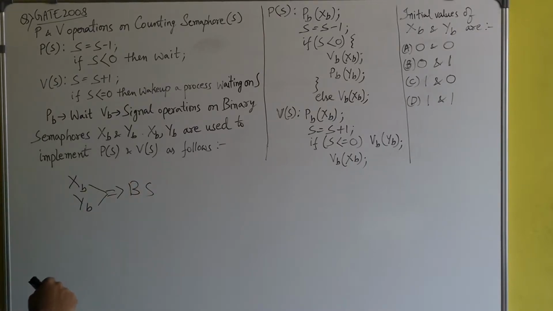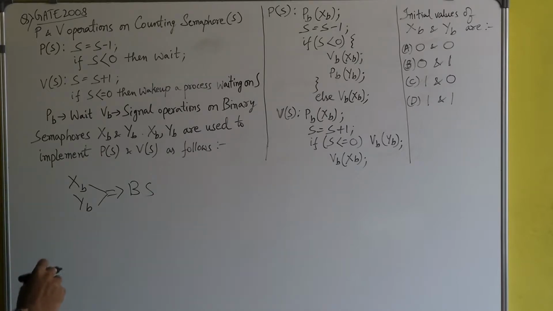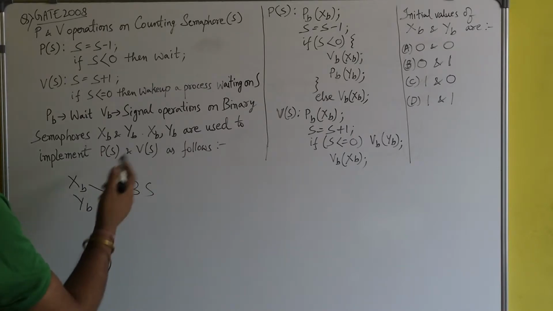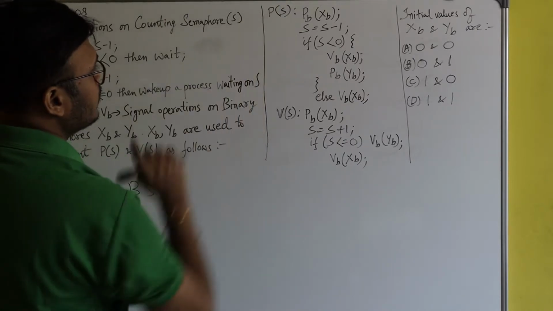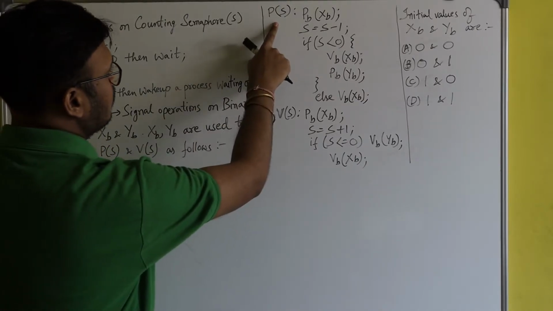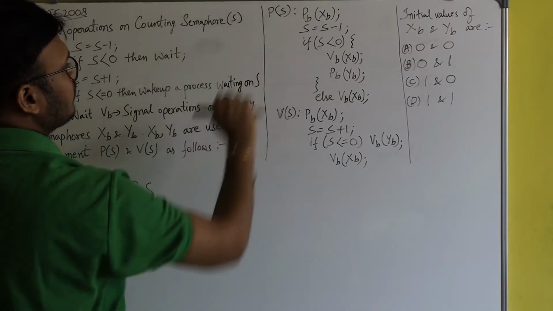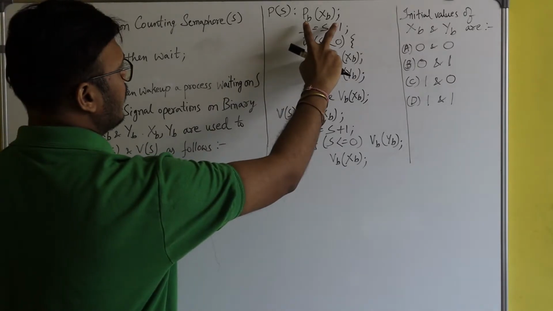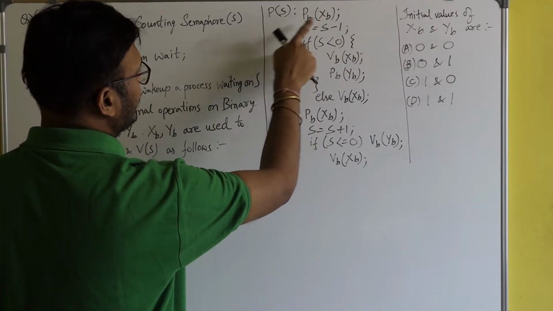So let's see how the counting semaphore can be implemented using binary semaphore. Here you see the code is written for P of S and V of S. The counting semaphore code is written, and in P of S I have written PB of XB.